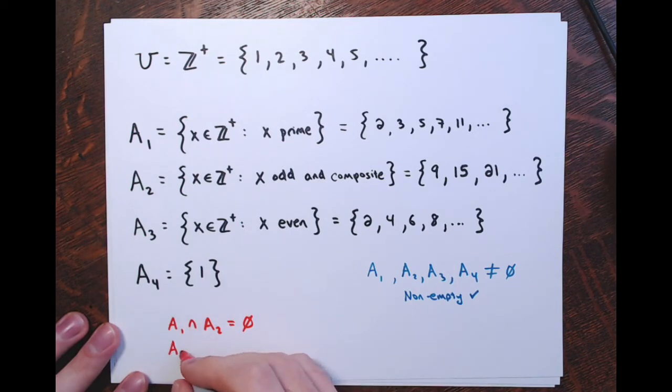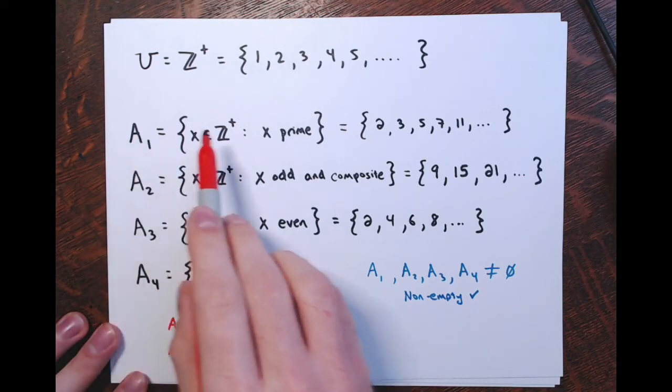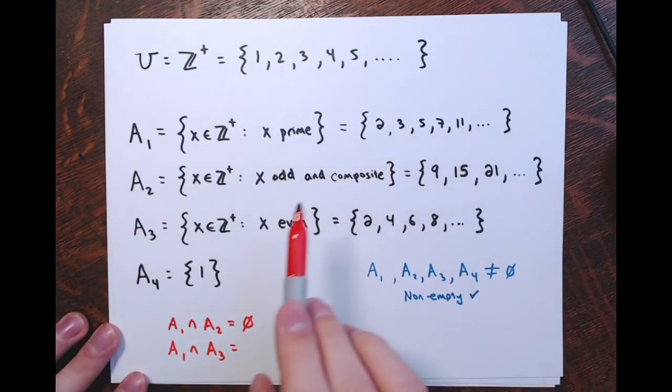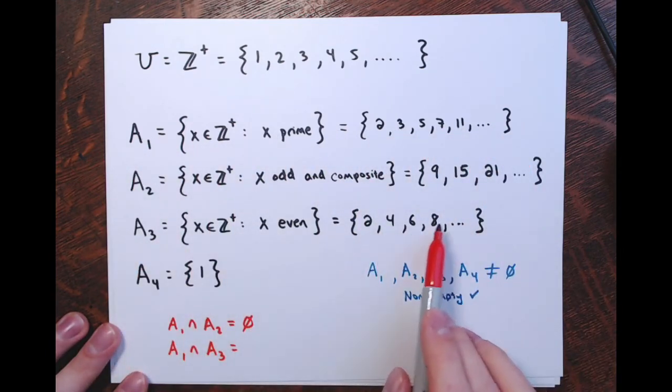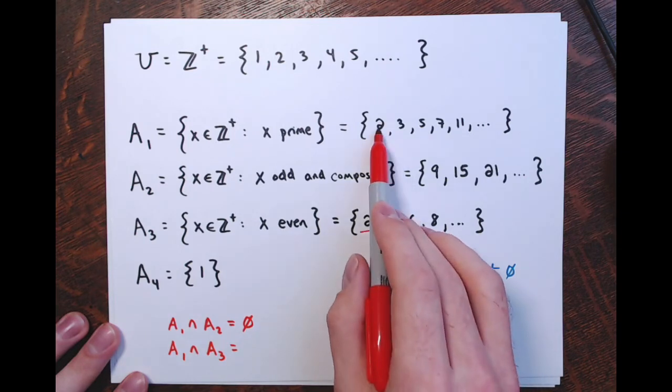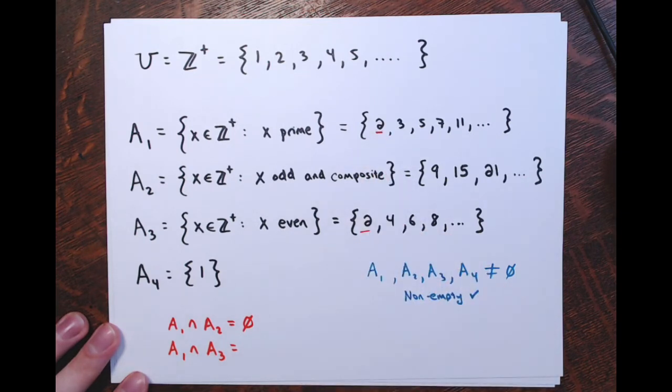So how about A1 with A3? Let's see, A1 is these primes, 2, 3, 5, 7, 11. A3 is the evens, 2. Oh, look. They do share something. And that would be the only number they share. The only even number that is also prime is the number 2.